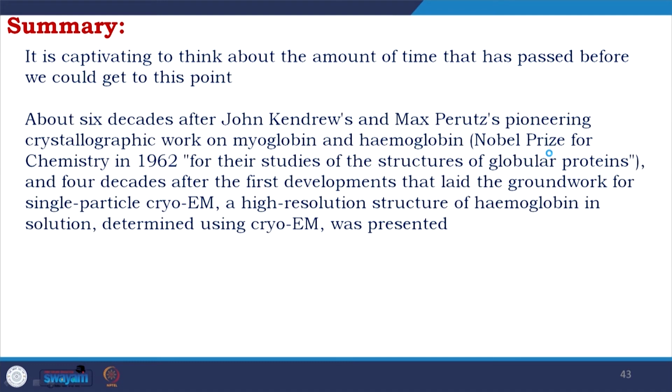About 6 decades after John Kendrew and Max Perutz's pioneering crystallographic work on myoglobin and hemoglobin, as I have discussed in detail, the Nobel Prize for Chemistry in 1962 for their studies of the first structures of globular proteins, and 4 decades after the first work that laid the groundwork for single particle cryo-EM, a high resolution structure of hemoglobin, the first structure, has now again come in solution, determined using cryo-EM.